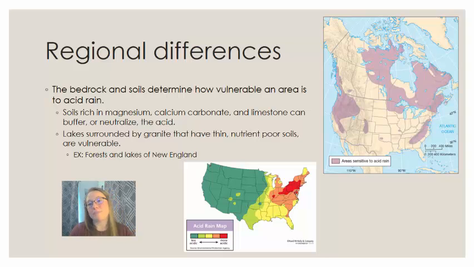Now, I have two maps on this slide. The larger map with the purple on there is showing the areas in North America that are particularly sensitive to acid rain due to their bedrock geology. Now, on the map on the bottom, we see where acid rain is happening in the United States, and that's particularly in the northeastern quarter of the country.